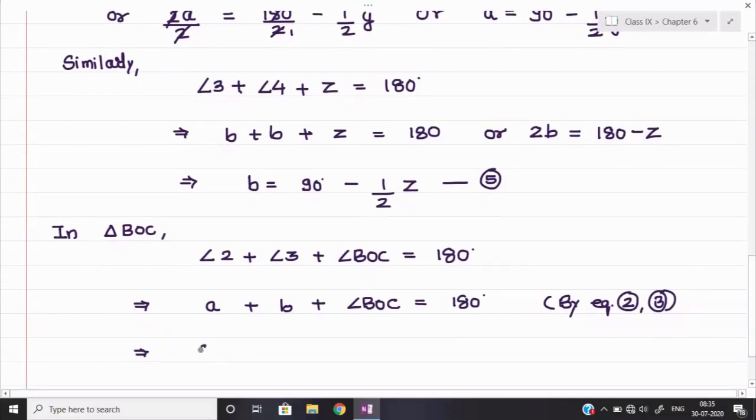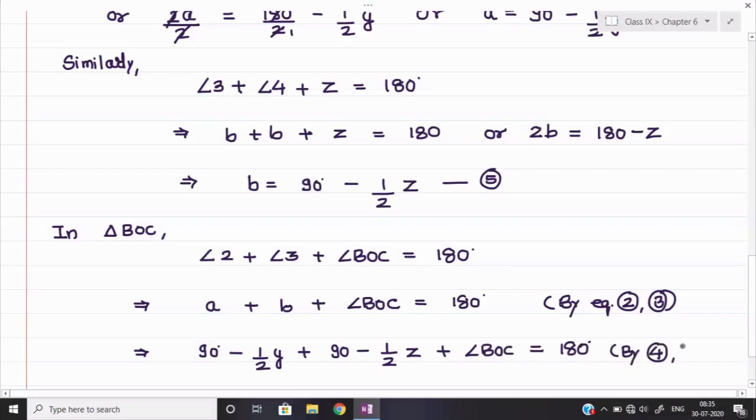So the value of A I am keeping first: 90 degrees minus 1 upon 2 into y plus 90 degrees minus 1 upon 2 into z plus angle BOC is equal to 180 degrees. Here the reason we can give by equation 4, 5.